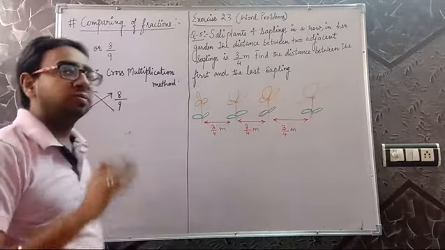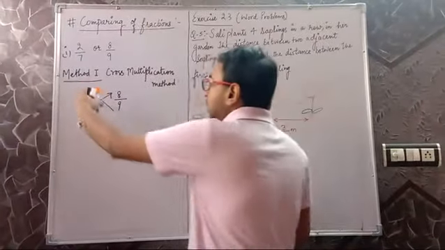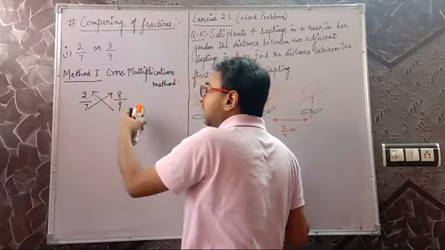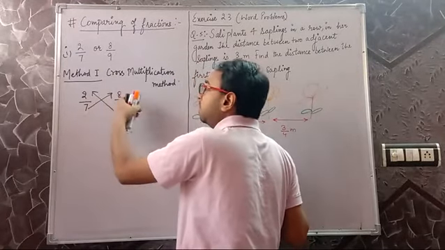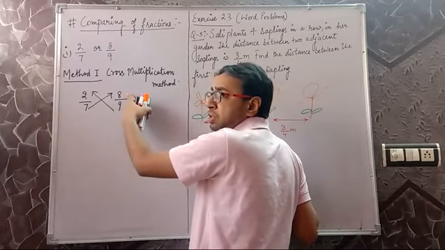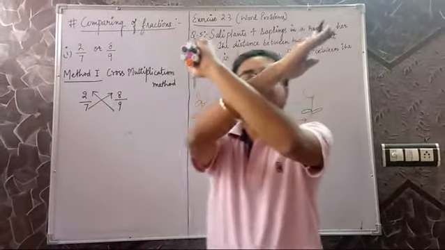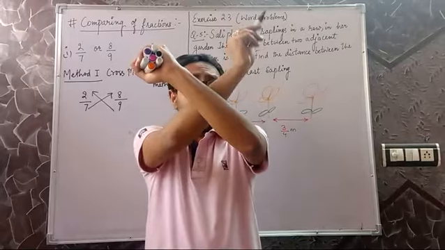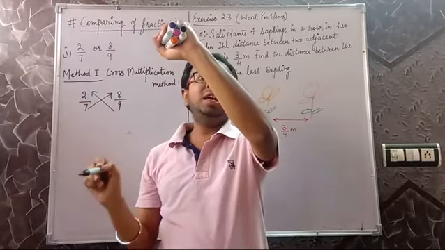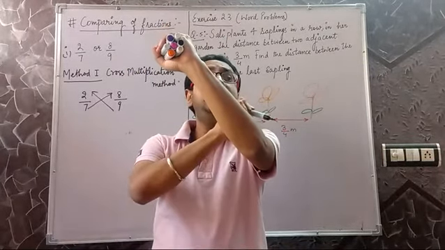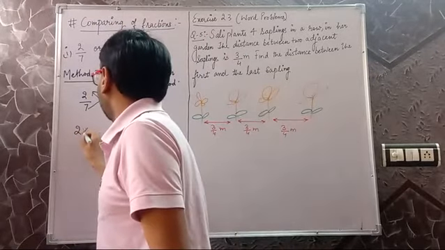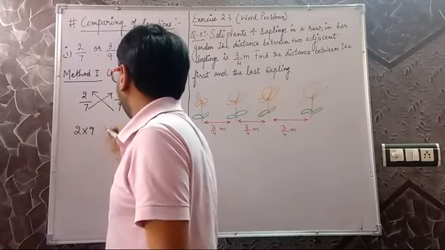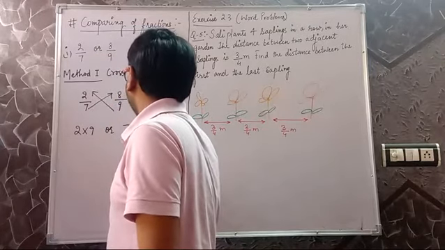I hope you know what cross multiplication is. The numerator of the first will be multiplied with the denominator of the second, and the denominator of the first will be multiplied by the numerator of the second fraction. Are we clear? So here 2 into 9 and 7 into 8.